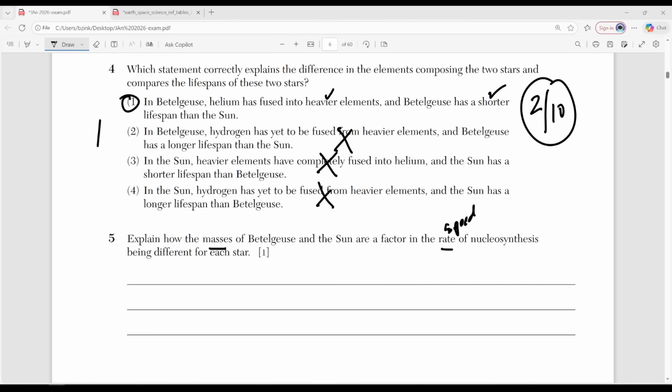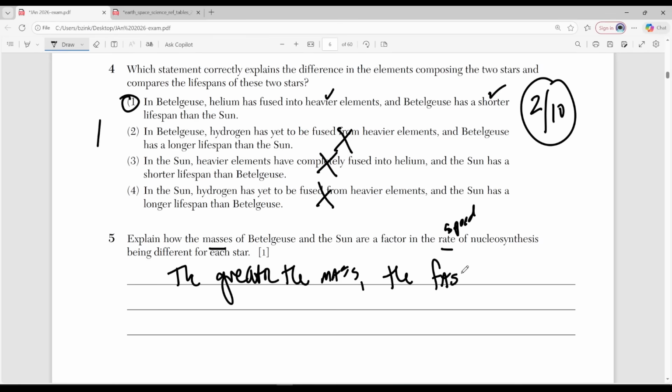So we're going to say, let's see, we'll keep it easy. We'll say the greater the mass, the faster the rate of nucleosynthesis.